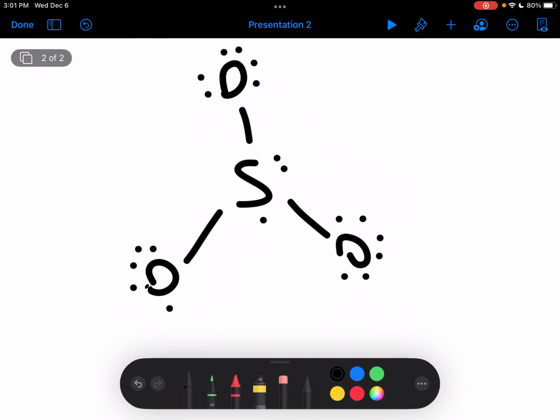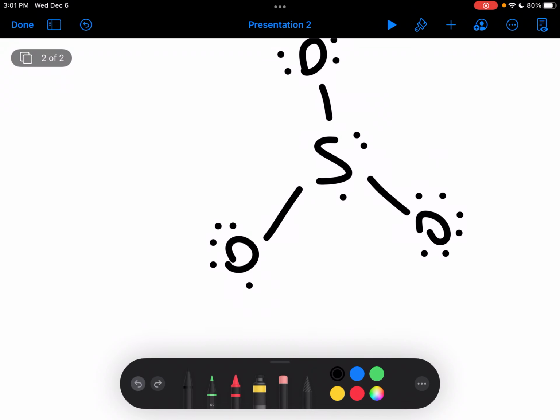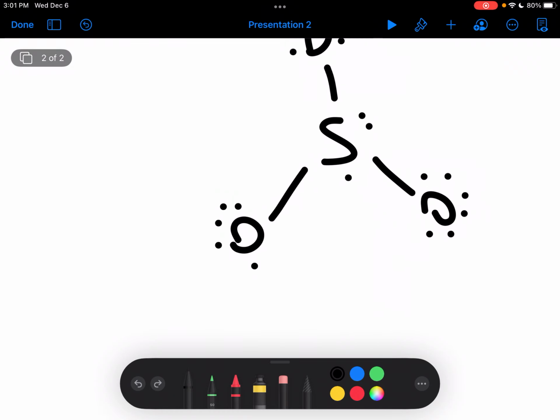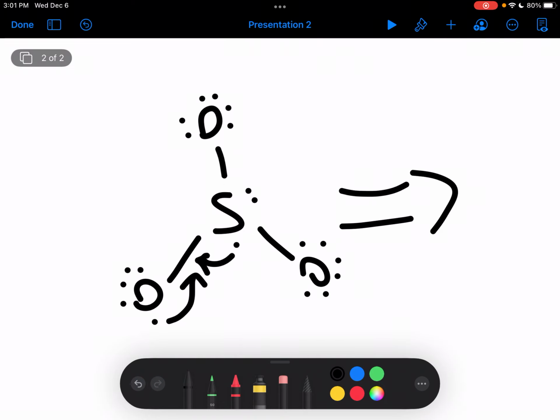So these oxygens are good to go, but this oxygen right here is very unstable right now. It only has this 1 little lonely electron right here, and it has another, and this sulfur has a lonely electron right there. So when 2 of these electrons are lonely, they often meet together to create a double bond, which I'm going to draw right now.